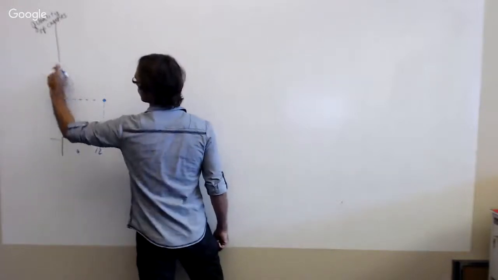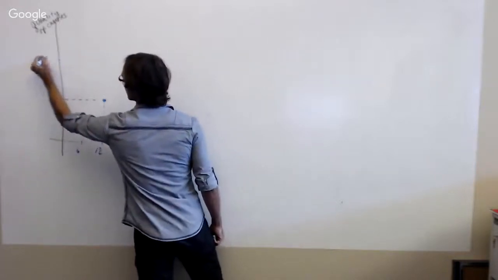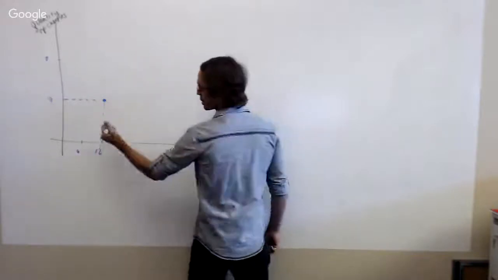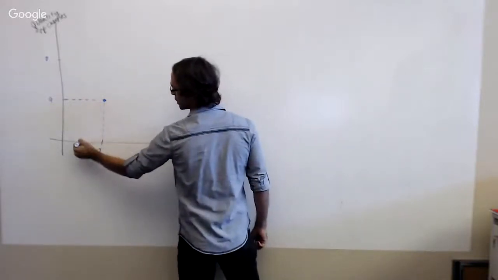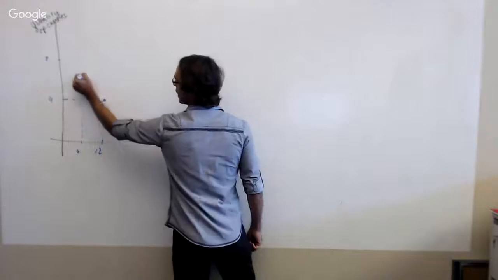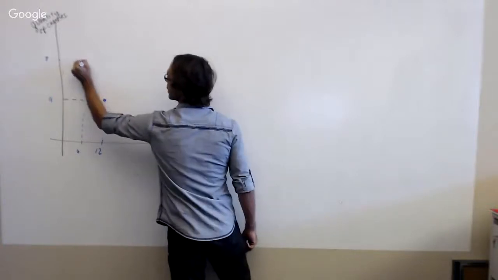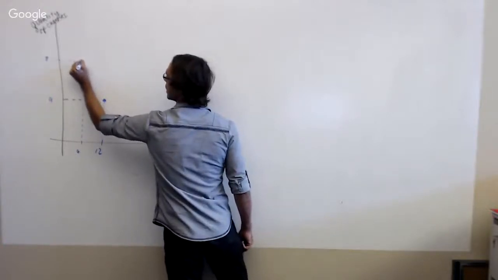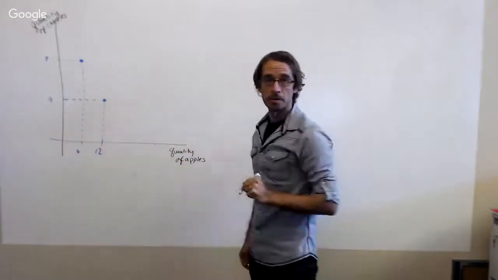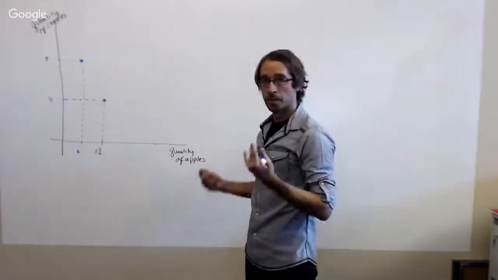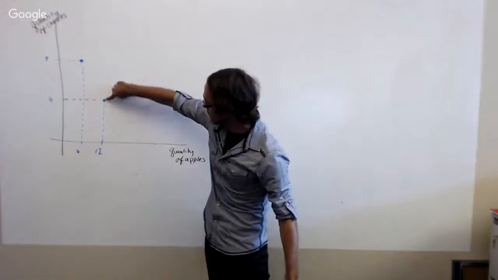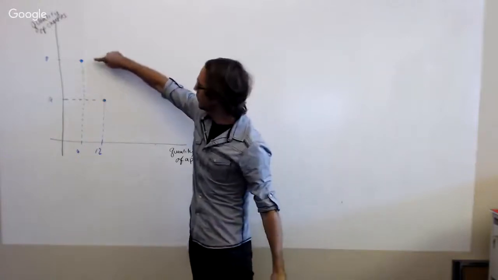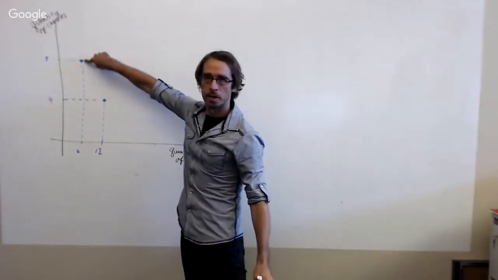So let's go from 4 to 8. You've sacrificed 6 apples, so you move to 6, but you gained 4 more boxes of cherries, and you're indifferent. So this bundle makes this person indifferent to this one.